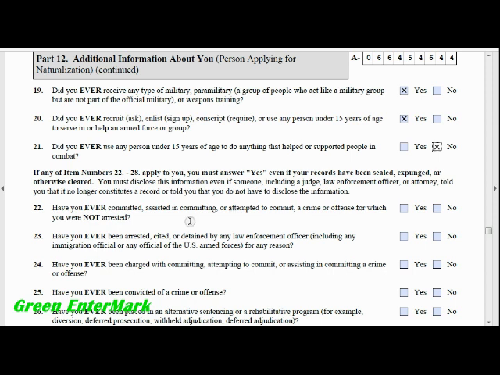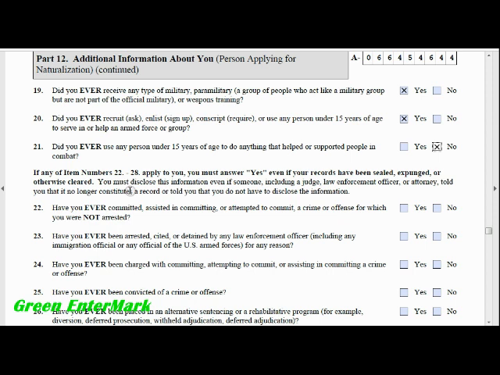If any of items number 22 to 28 apply to you, you must answer yes, even if your records have been sealed, expunged, or otherwise cleared. You must disclose this information even if someone, including a judge, law enforcement officer, or attorney, told you that it no longer constitutes a record or that you do not have to disclose the information.